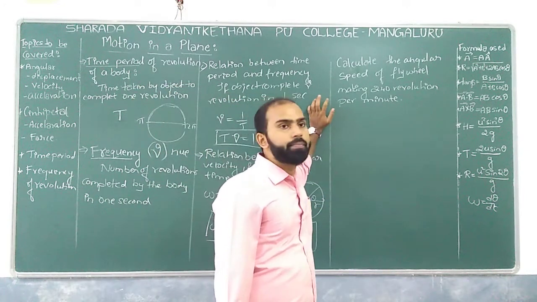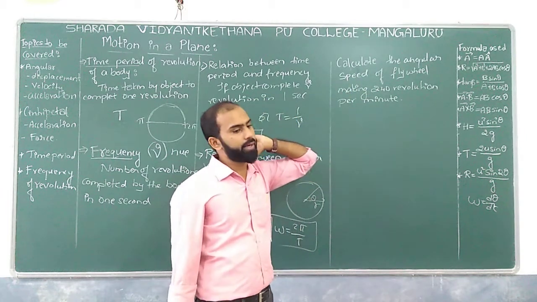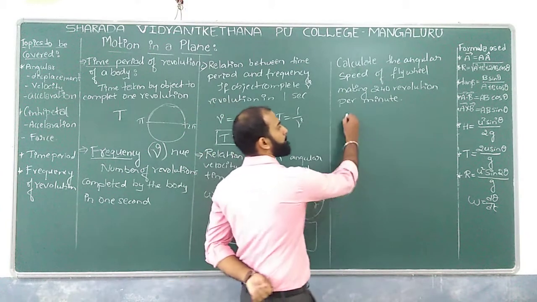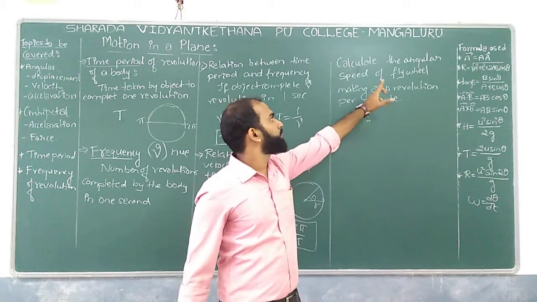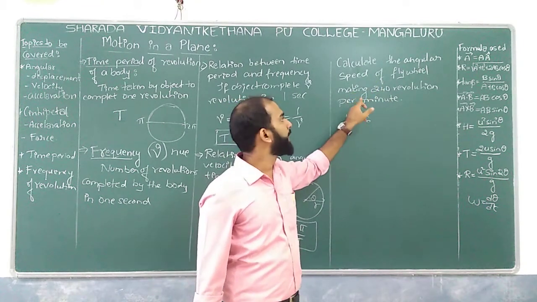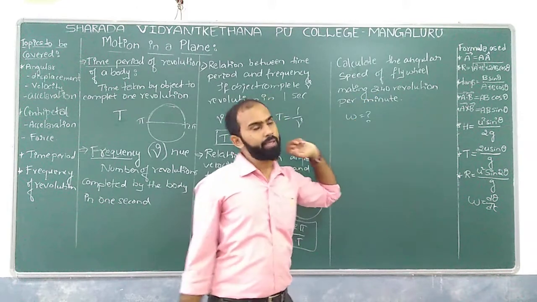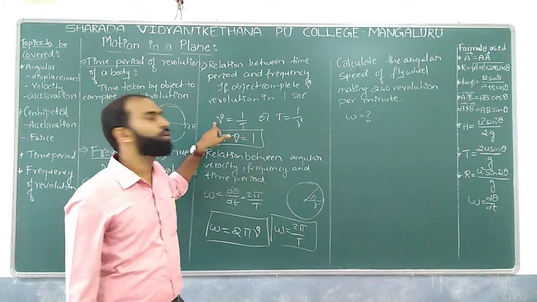Now there is one numerical which appeared on the board. It says, calculate angular speed. What you are supposed to get over here is omega. So omega is unknown, and they have given that the flywheel is making 240 revolutions per minute, which means they have given a frequency over here.